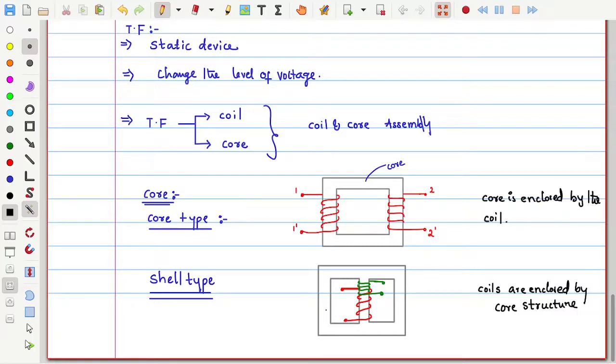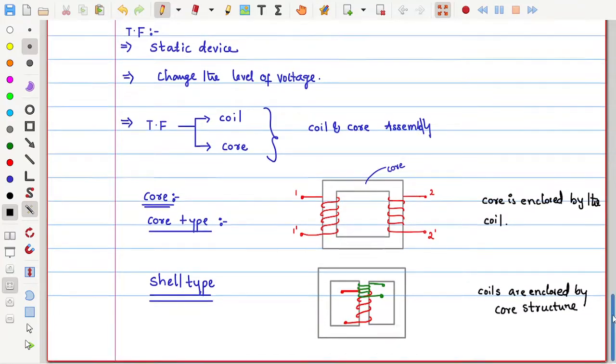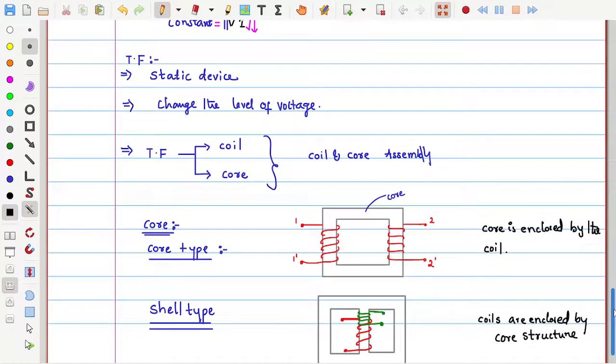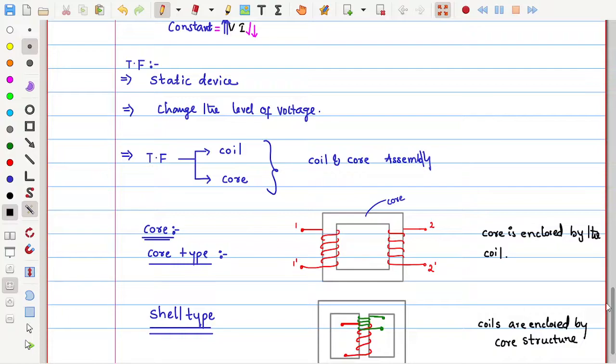Okay, so that is one thing. Now let us try to see, whatever may be the nature of the core, what phenomena take place and what is the importance of the core here. Let us understand that first.